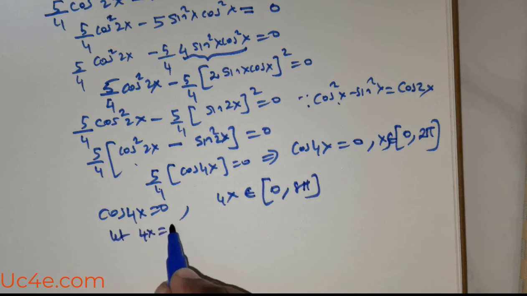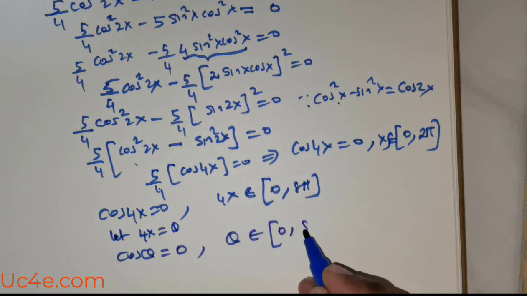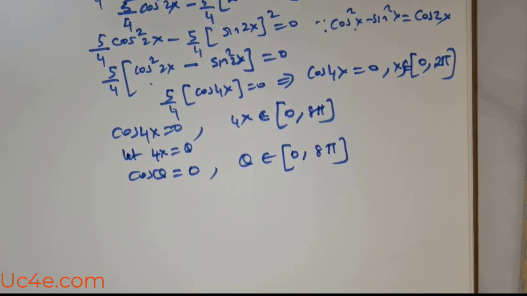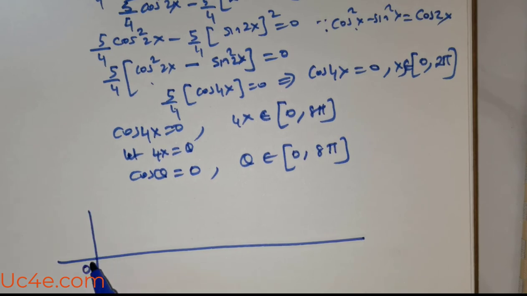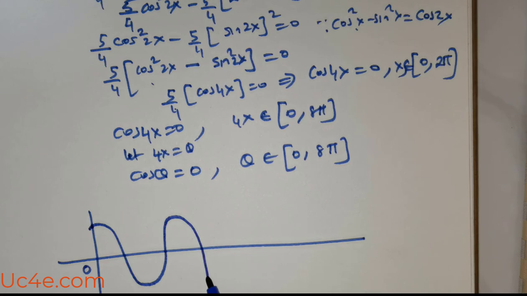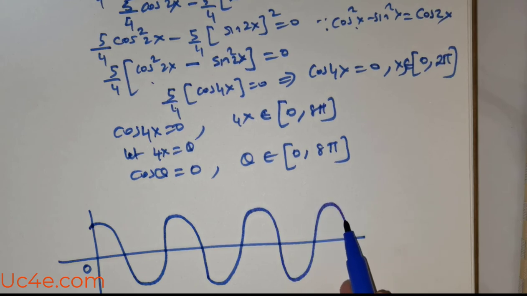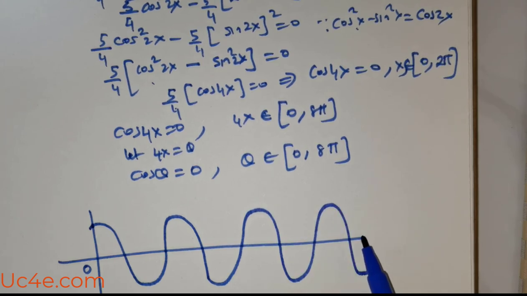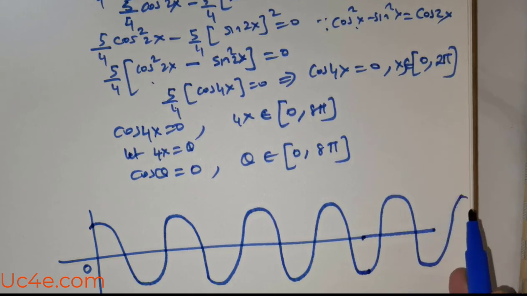So let me take 4x to be equal to theta. That would mean I now have cos theta is equal to 0, and theta is contained in the interval [0, 8π]. Now if I were to draw cos theta's graph, it's going to start here, come down and move up, come down and move up, and so on.